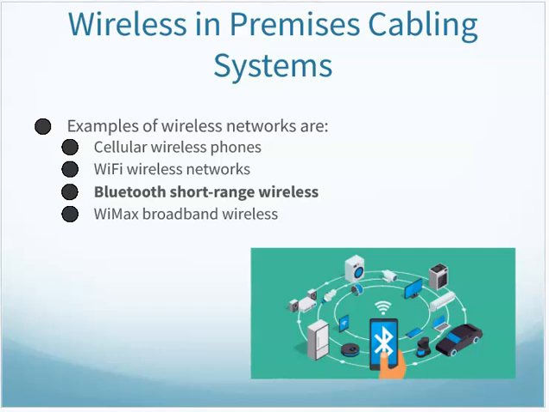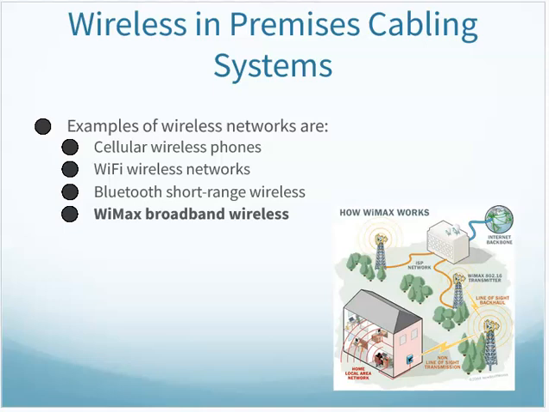Bluetooth, I think a lot of us use Bluetooth for basically getting rid of the cable from phone to stereo, phone to car, phone to headphones, that sort of thing. Again, cable replacement, and then WiMAX, broadband wireless. A friend of mine used a WiMAX connection in their laptop for quite a few years. They traveled for business, and there was a way they could have a consistent broadband connection, if you will, from a provider.